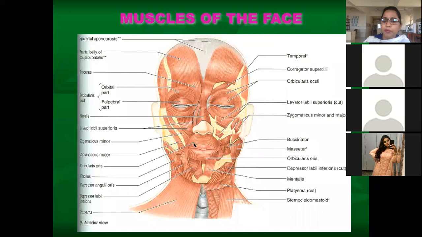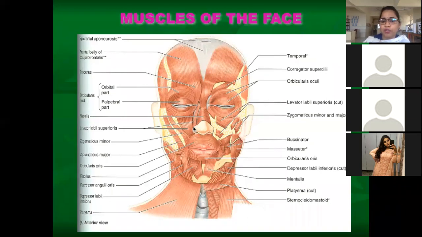Now what are the lips called? Labium. Superior labium, inferior labium. Superior labium is the upper lip and inferior labium is the lower lip. Now let's see the first muscle, this one. This muscle causes elevation of the upper lip as well as the ala of the nose.